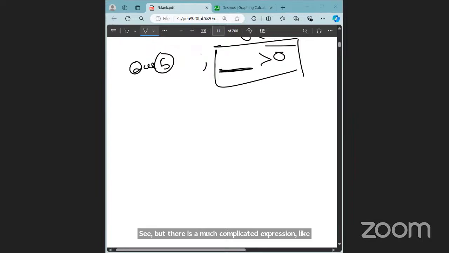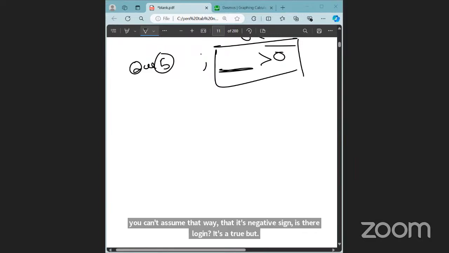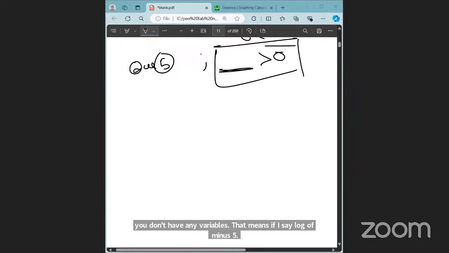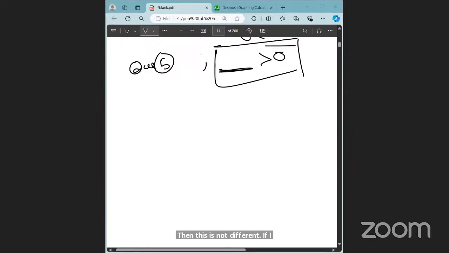You can't assume that if a negative sign is there, log is not defined. It's true when you don't have any variable there. If I say log of -5, then this is not defined. If I say log of -x, and you take x to be any negative number, then log of minus of something ultimately becomes positive.